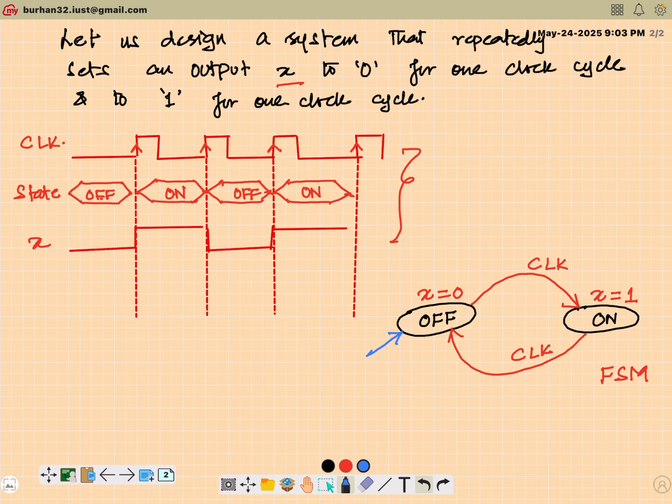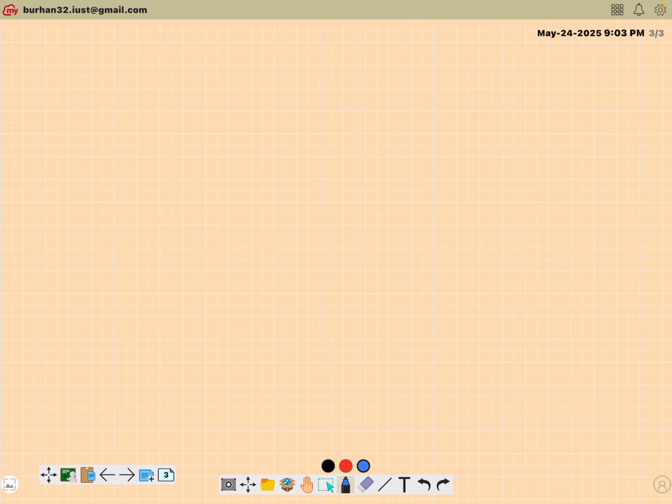Now if I extend this concept, let me assume that I have the same circuit, but in this circuit, we have one off state followed by, let's say, three on states.